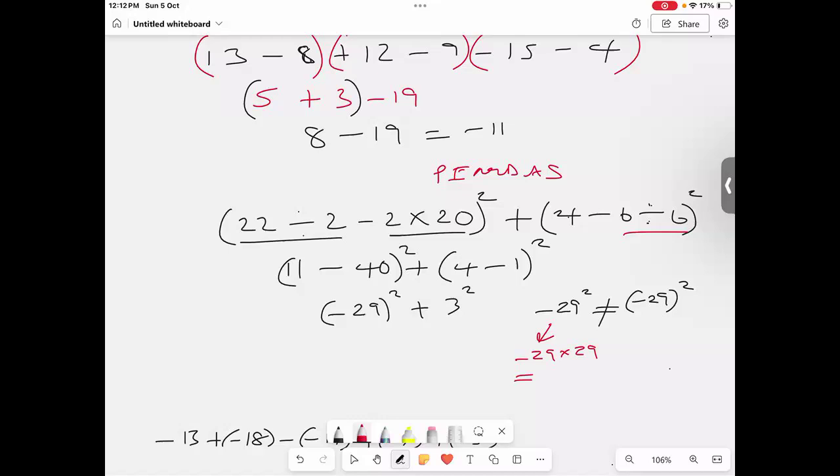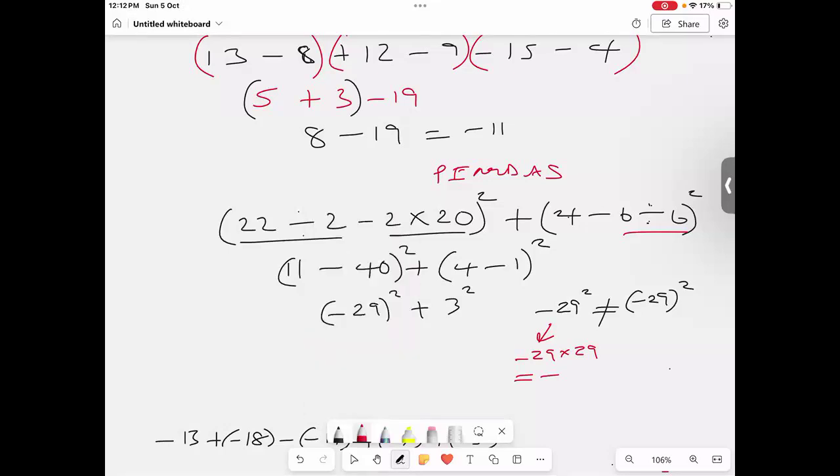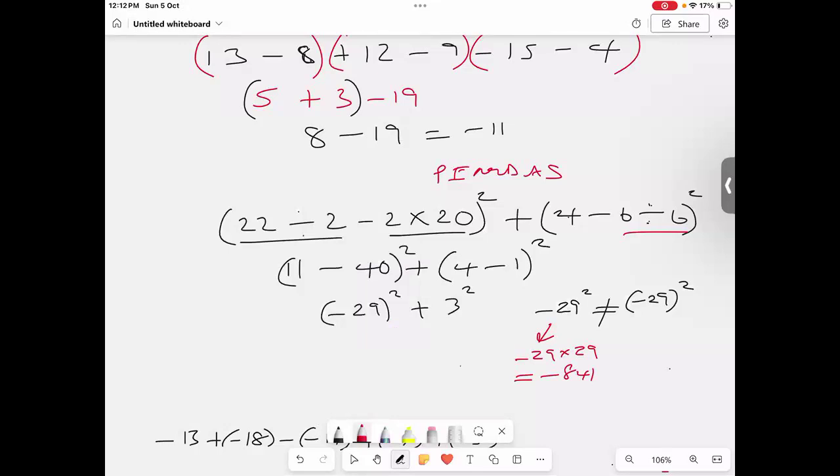Let me just grab this here. I think it's 841. So it's going to work out to be negative 841. So negative 841, right? I think I grabbed that answer out of my head. All right, now negative 29 squared means negative 29 multiplied by another negative 29, which works out to be 841.